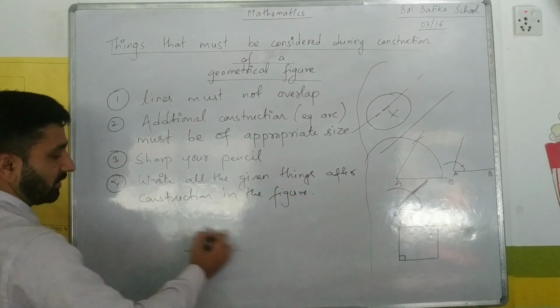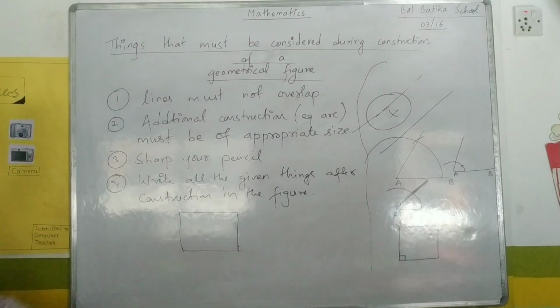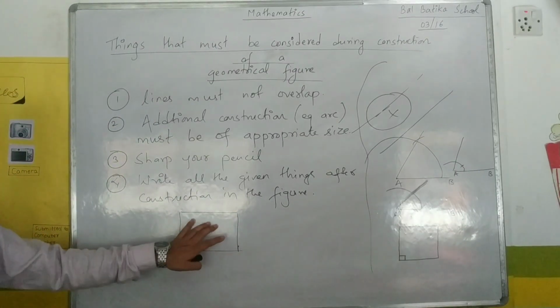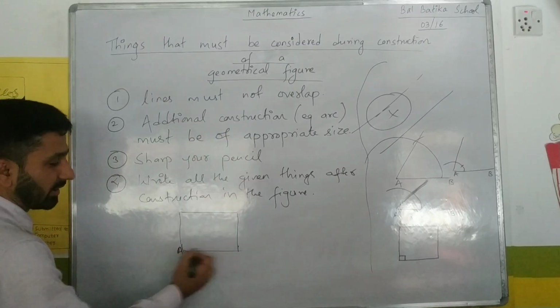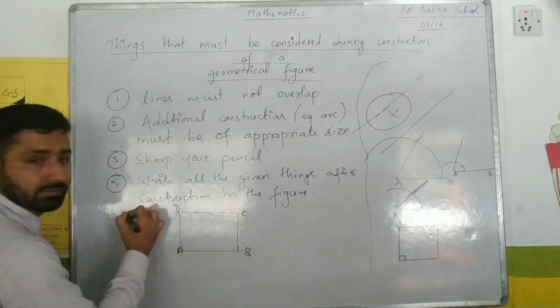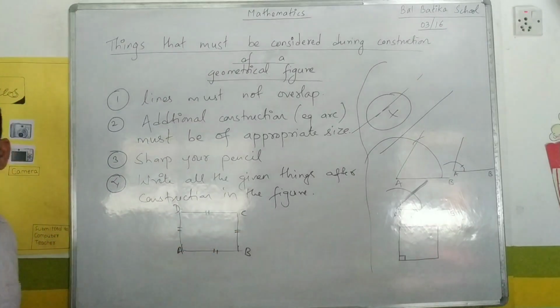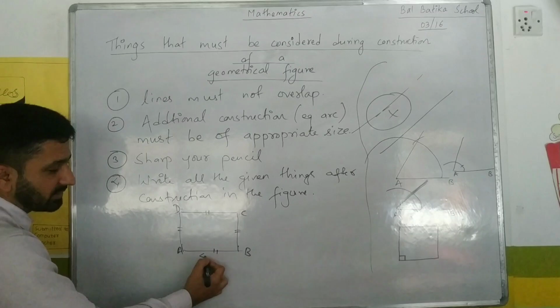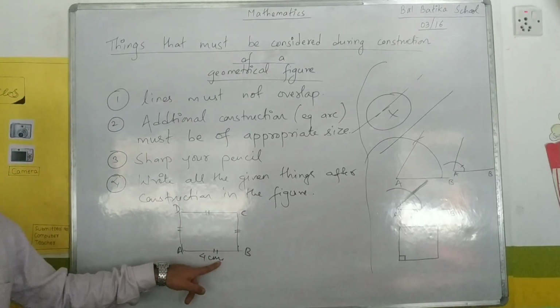That means if I have constructed a square, you are not leaving the square like this only. You have to write the naming. This is a square. All four sides are equal. We have constructed it, and if a side is 4 centimeters, now I have to write 4 centimeters also.